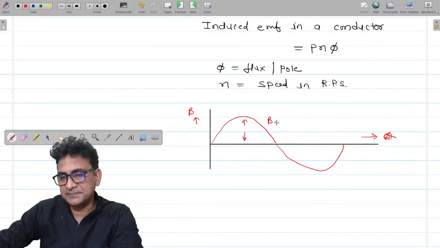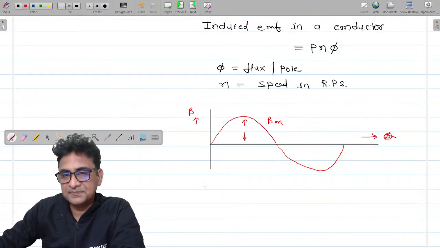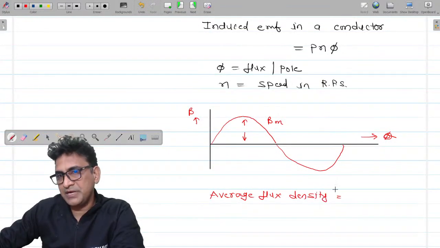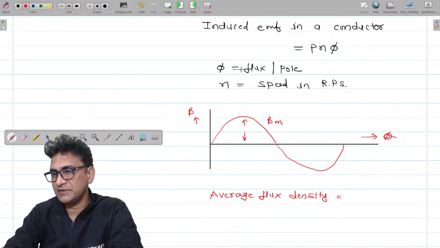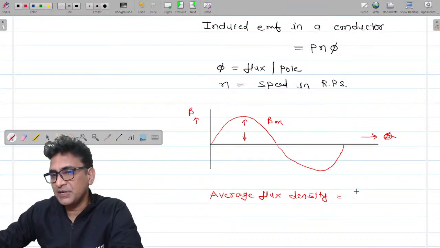First I will find the average value of flux density, because to find the flux per pole I need the average value of flux density. For a sinusoidal voltage waveform with maximum voltage Vm, the average voltage is 2 Vm upon pi.